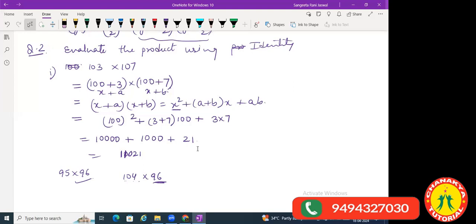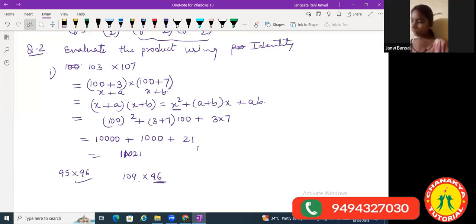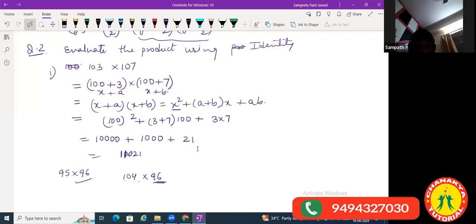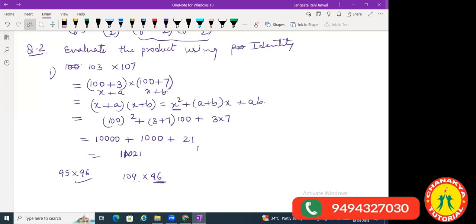Does that follow any identity then? No, ma'am, it will not follow any identity. The identity is x plus a and x plus b. So better use 90 then, because that will give you the same identity, x plus a and x plus b.